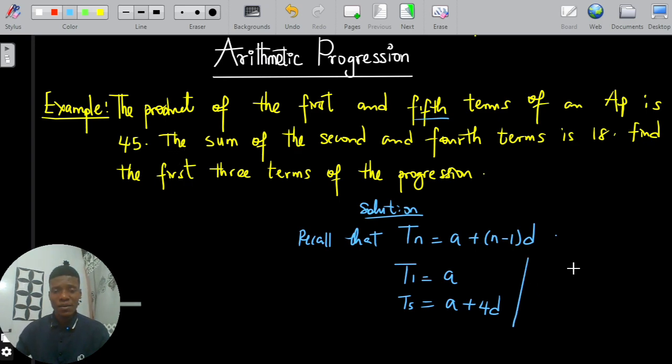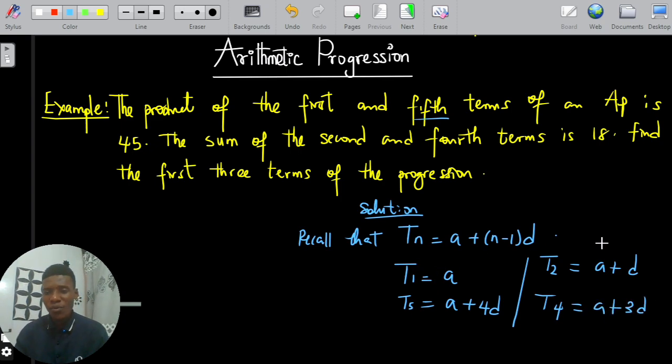Also, they said the sum of the second and the fourth term. The second term is our T2, which is a plus d, according to the formula. And our T4, which is the fourth term, is a plus 3d. Now, when you have constructed these four terms, follow the instruction given by the question.